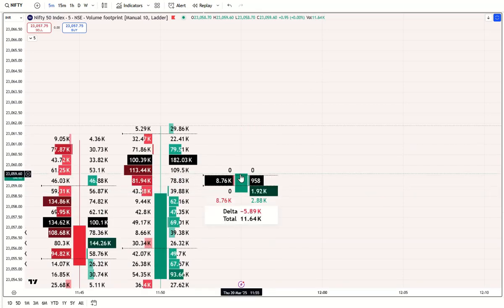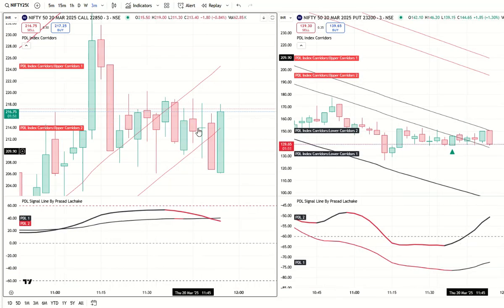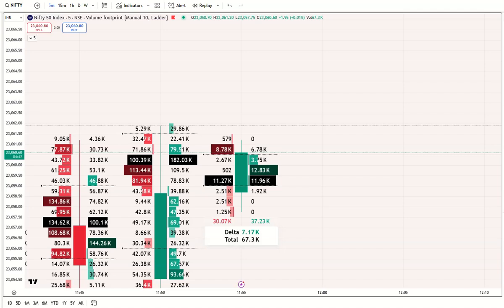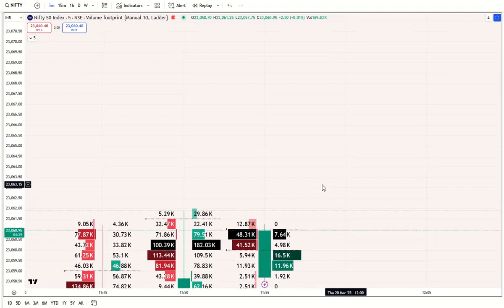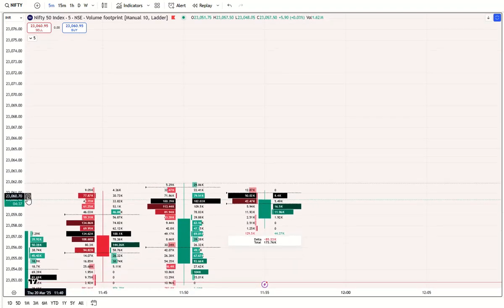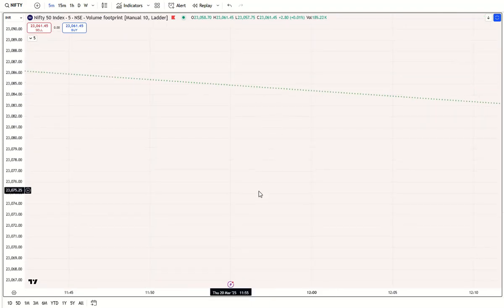Now I'm actually in profit. Frankly speaking, I bought it at 217, as I told you, right? So you look at this candle. What's my target? My target is somewhere here, somewhere here, right? 80, 80.